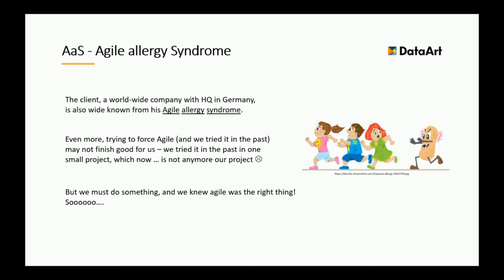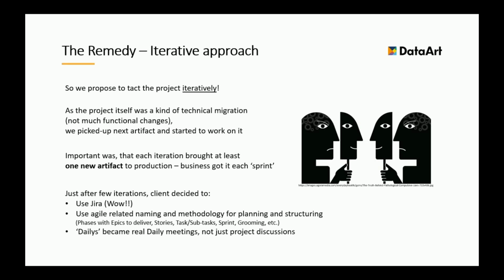You know what's good for the project, but the client doesn't like it, and your delivery manager doesn't like it. So I know Agile is good, but how to do it? How to convince both sides we need to do so, otherwise we can close the door and shut the lights off. So I was tricky that time and said, no, we will not do Agile.